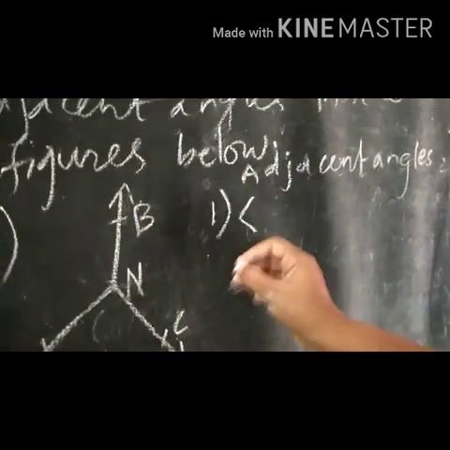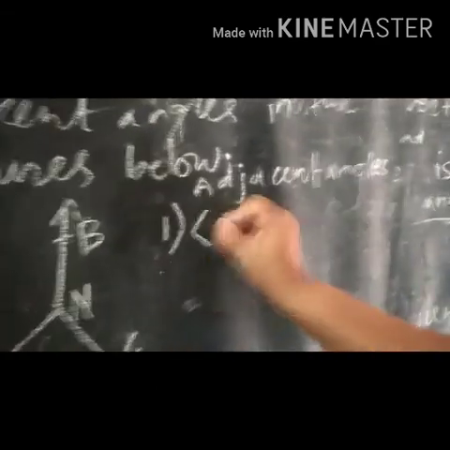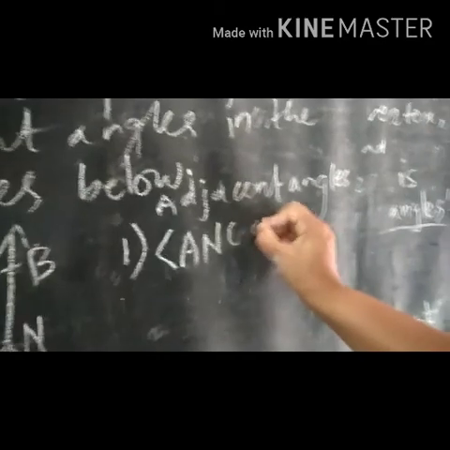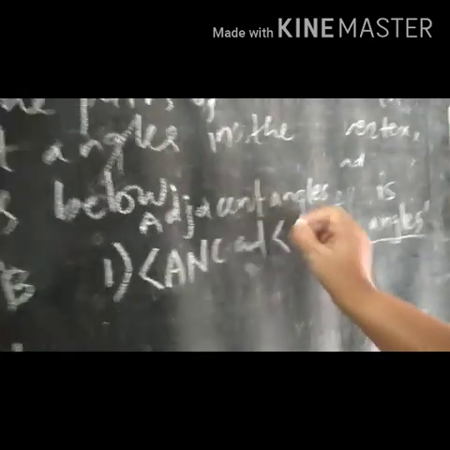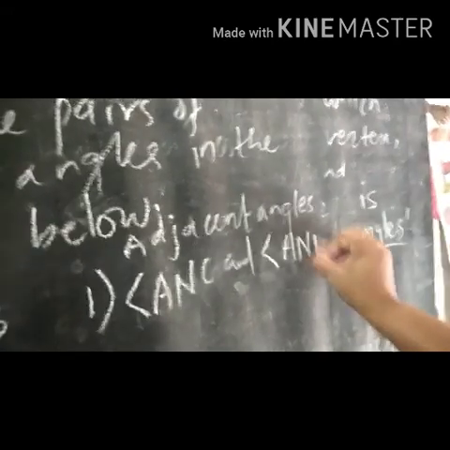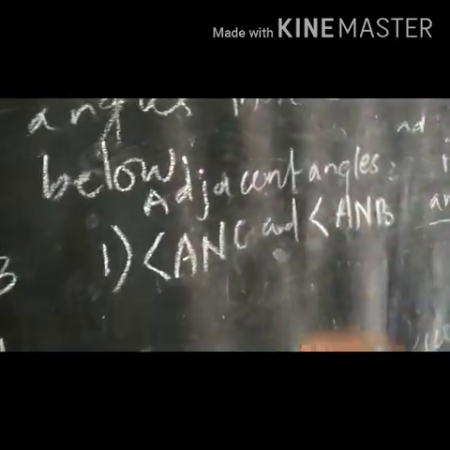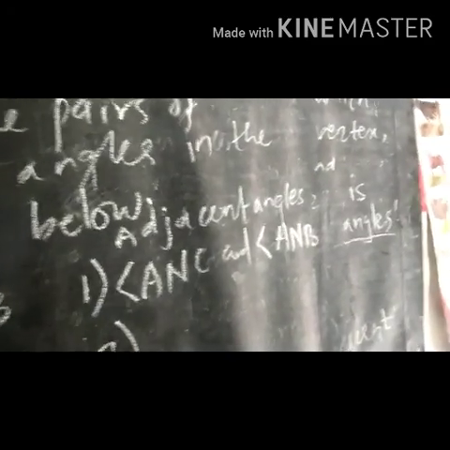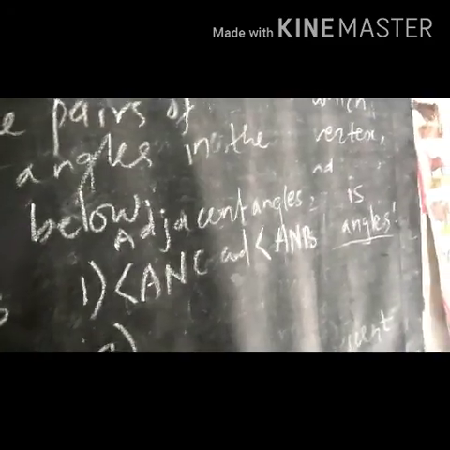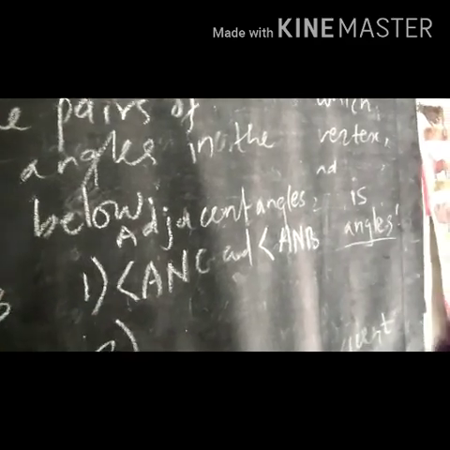Therefore, pair number 1, angle ANC and angle ANB. Second pair, here also angle ANC and BNC or CNB.